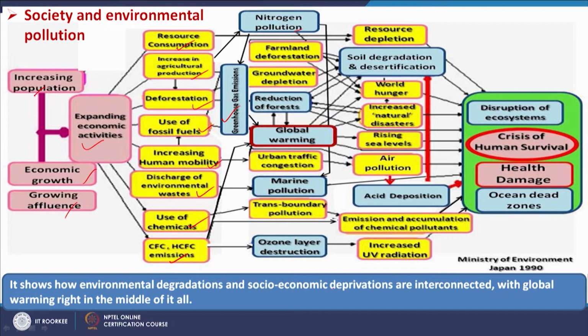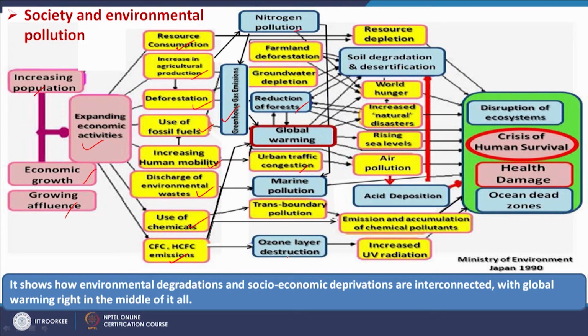So, we are getting farmland deforestation, groundwater depletion, reductions of forests, global warming, and then urban traffic congestions, marine pollutions, transboundary pollutions, ozone layer destructions. All those things are some impact of these activities.